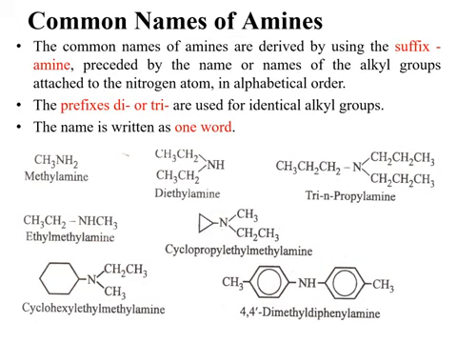So whenever there is a cyclo group, it will usually come first because the alphabet C comes at the very start of our ABC. So cyclohexyl, then ethyl, methylamine.